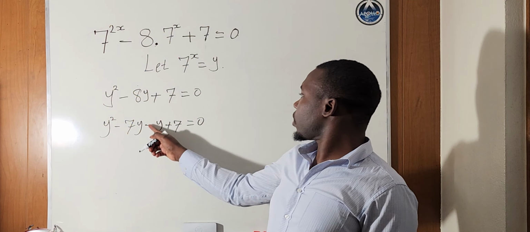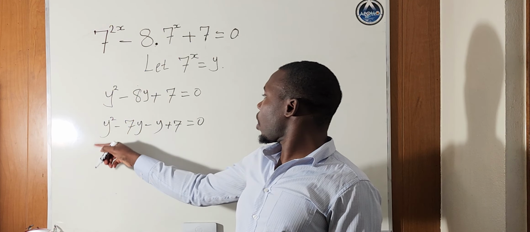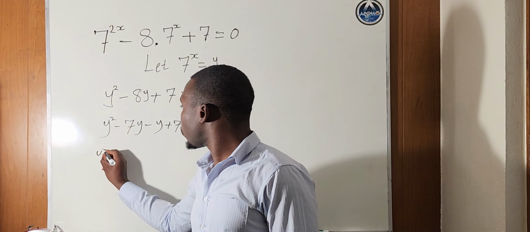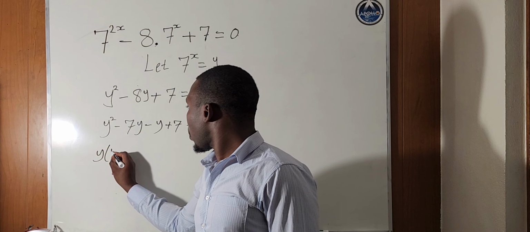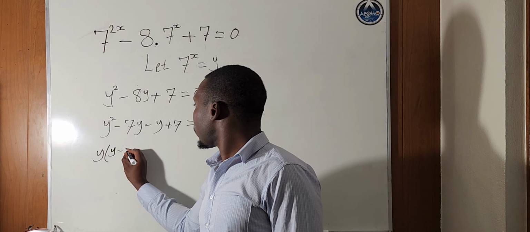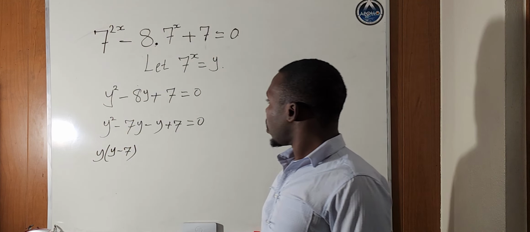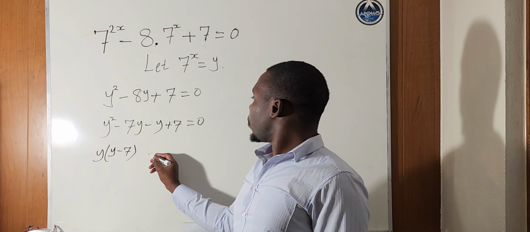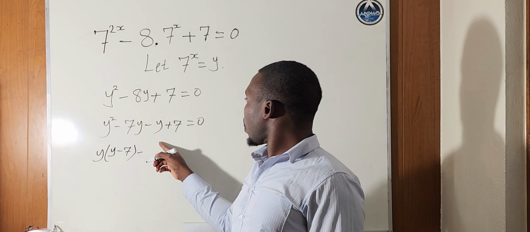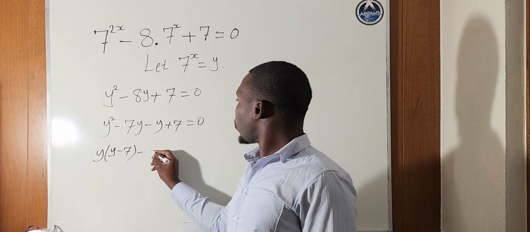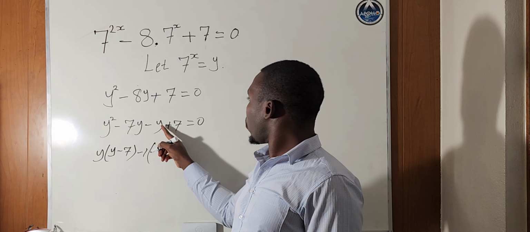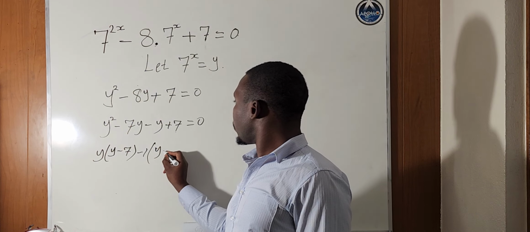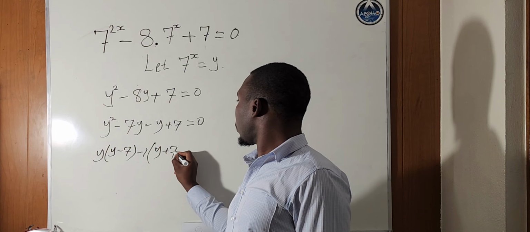Now we can factor out these two terms. Here we will get y into y minus 7. Then here we can have minus 1 out, because it can be common here, into y, and what remains inside is y minus 7.